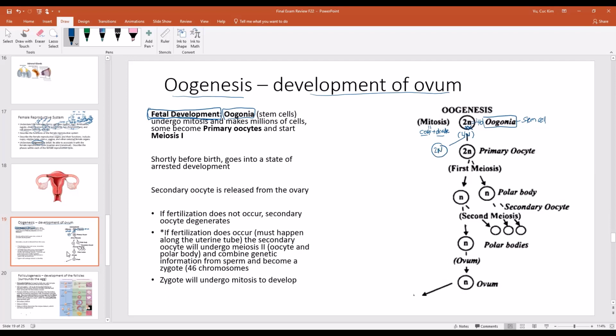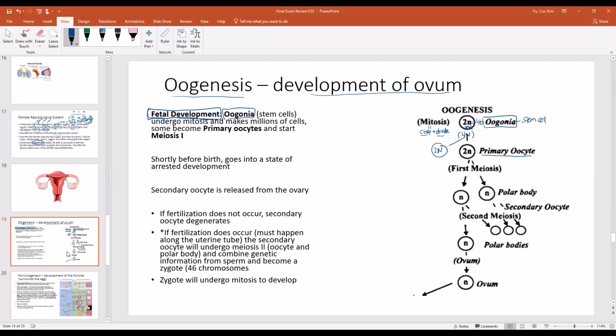Now, one of these cells that results from mitosis will become the primary oocyte. So listen carefully. An oogonia undergoes mitosis to result in a primary oocyte.